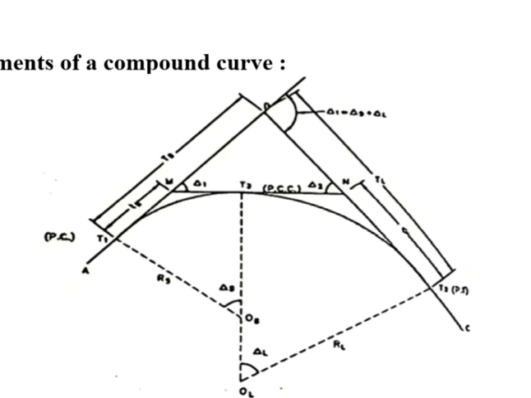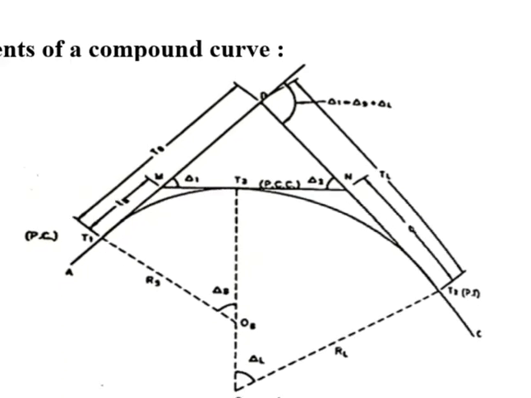The figure shows a two-centered compound curve T1, T3, T2, having two circular arcs, T1 T3 and T3 T2, meeting at a common point T3, known as the point of compound curvature, denoted by the short form PCC. Let us see it in the image.